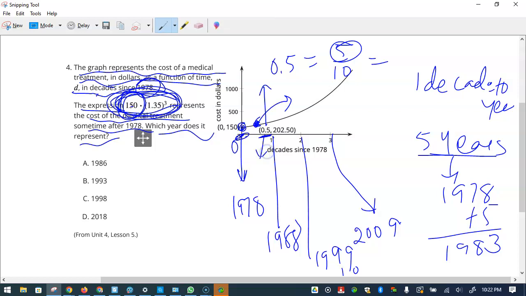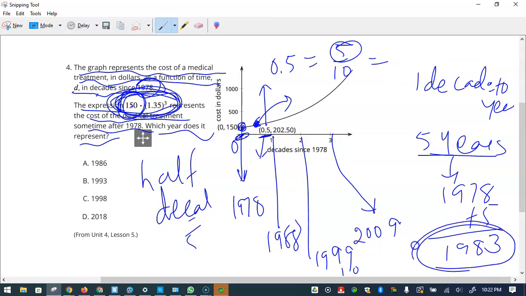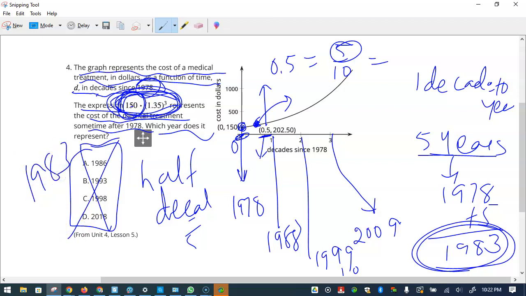That's like half a decade. So what is the meaning of half a decade? It means you add 5 years. So it should have been 1983. But if you see, there's a mistake here. It doesn't show there. So the answer is now 1983. So do take care of that. There is a little mistake there, so you can always rectify it.